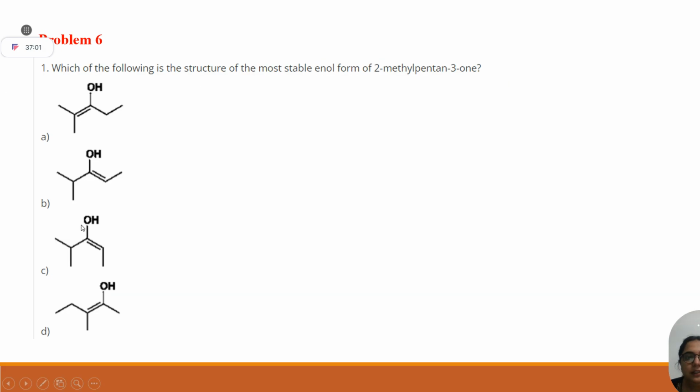Now tell me, among all these structures, which is the most stable enol form of 2-methyl pentan-3-one? Let me first draw pentan-3-one. One, two, three, this. 3 here, 2 methyl. This is your 2-methyl pentan-3-one. Let's check here.